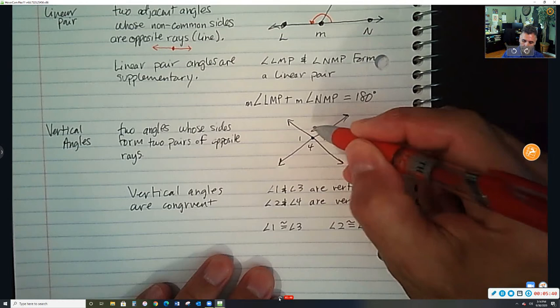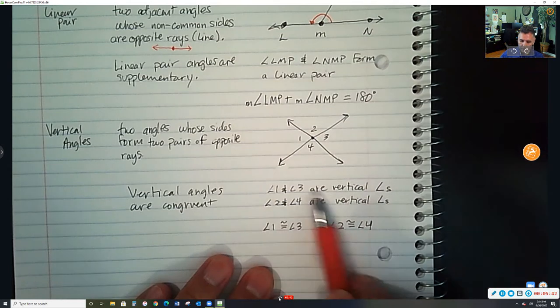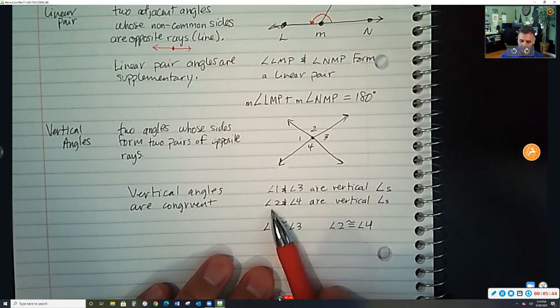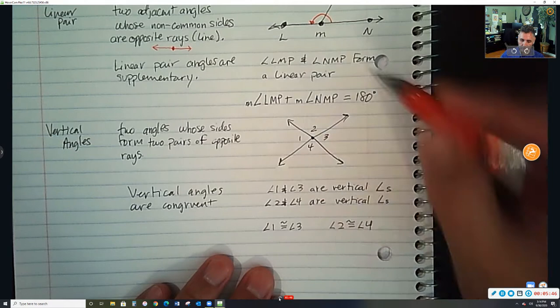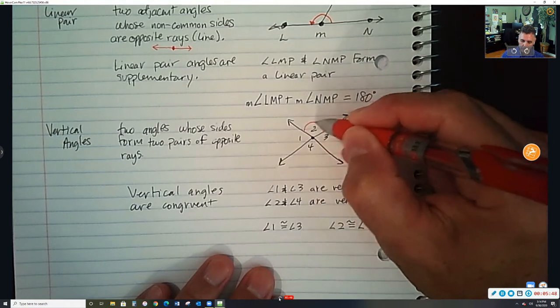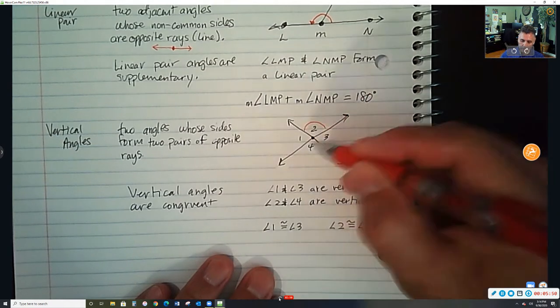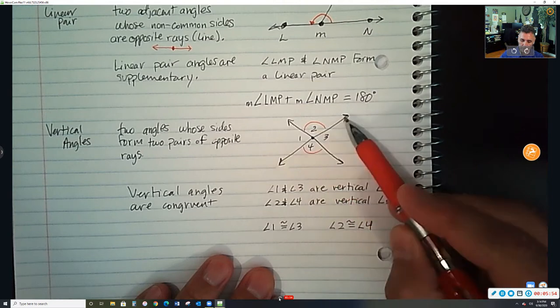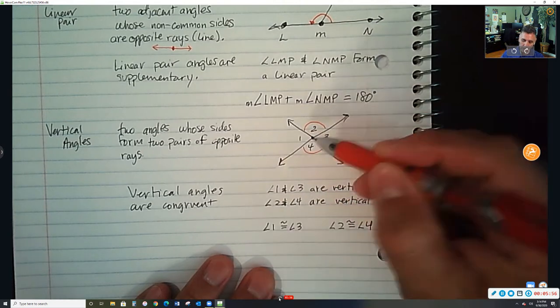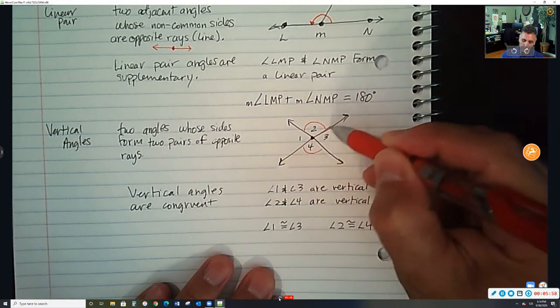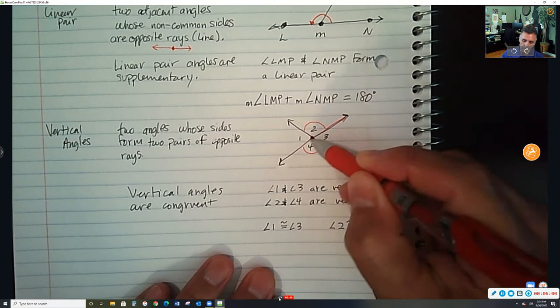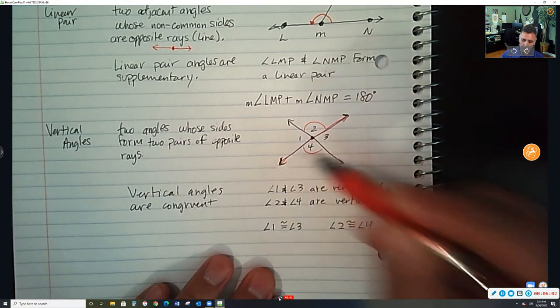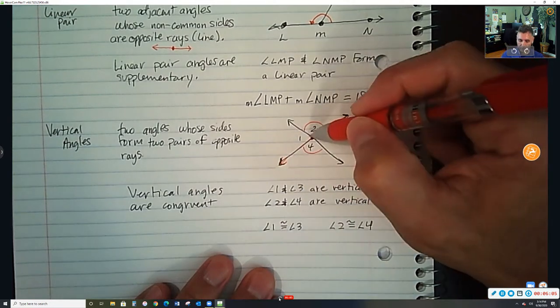Angle 1 and 3 are vertical angles, and angles 2 and 4 are vertical angles. So here's angle 2, and here's angle 4. This angle, if I look at the definition, this is an opposite ray, right? And that's true for the other side.